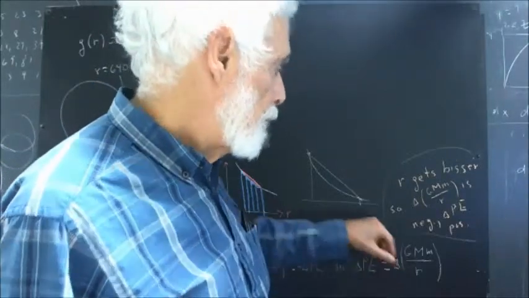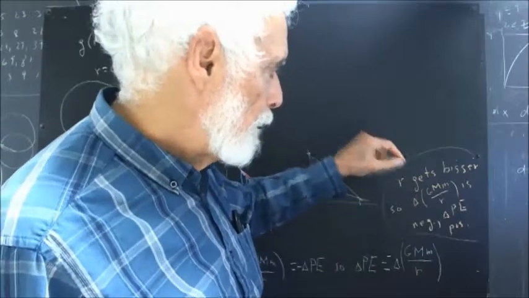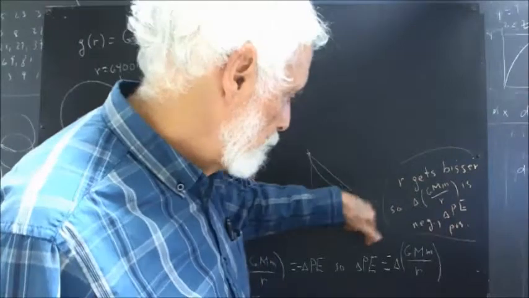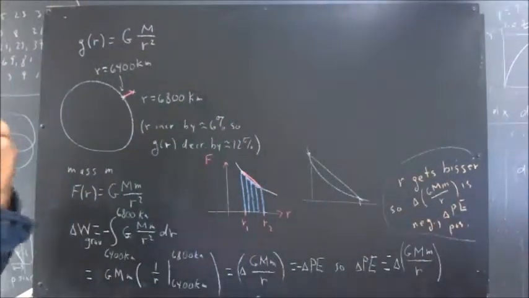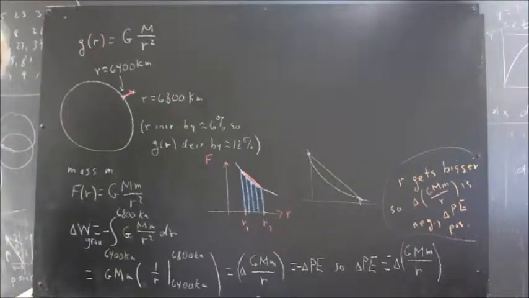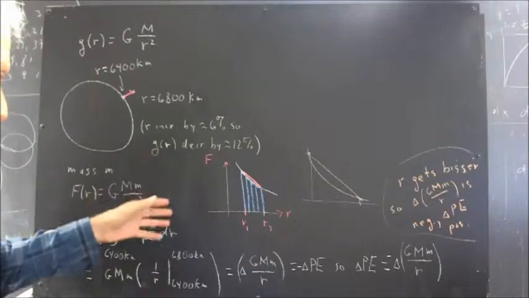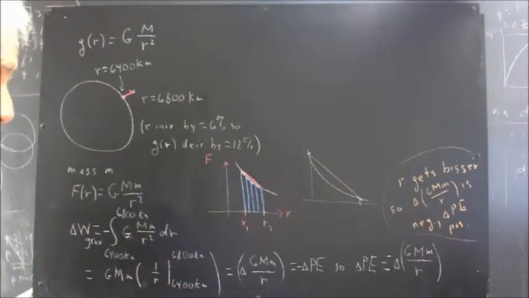So the change in G big M little m over R is negative. So the change in potential energy is indeed positive. I mention all this because it does a good job of illustrating the fact that the signs involved in applying energy conservation will drive you nuts if you're not very careful with them. Okay.